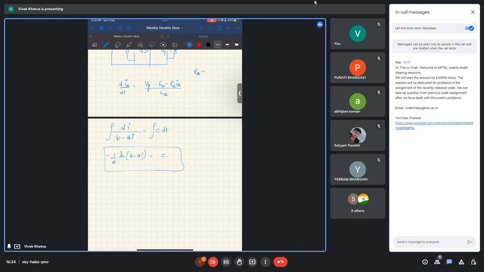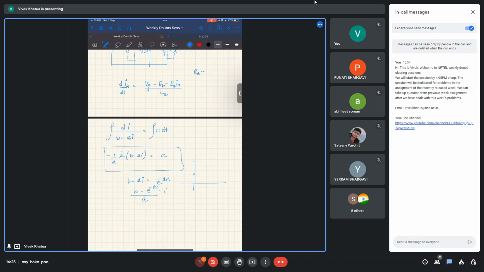So from this you would get an exponential relation, with a constant. So this will turn out to be a graph like this.